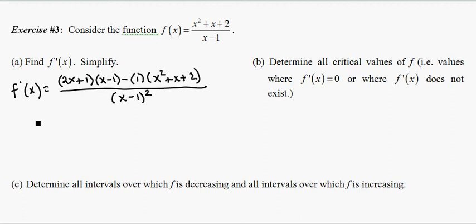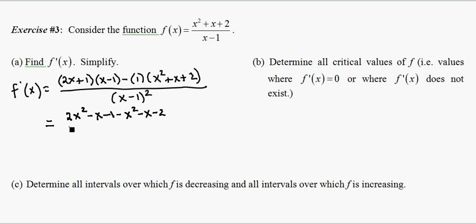So what we're now going to do is simplify the numerator, but leave that denominator as x minus 1. Let's try that. If we multiply out the numerator, we'll have 2x squared minus x minus 1 minus x squared minus x minus 2.